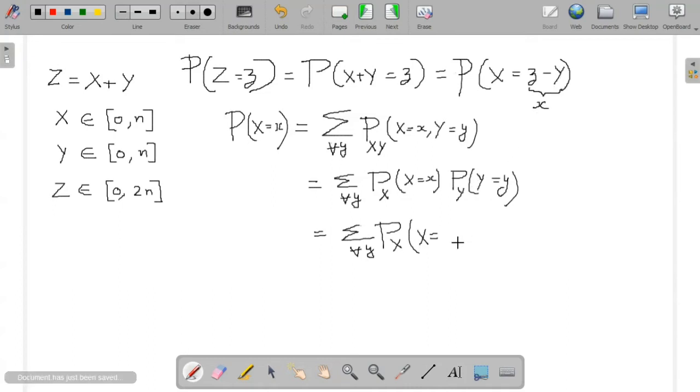So here we will write capital Z minus, here what are the values of y?